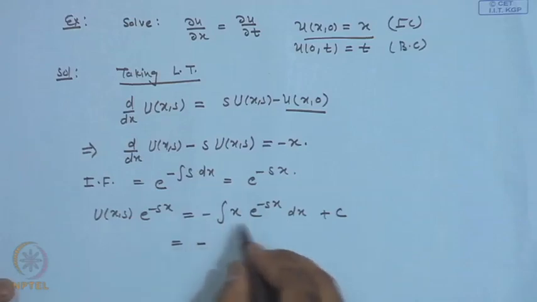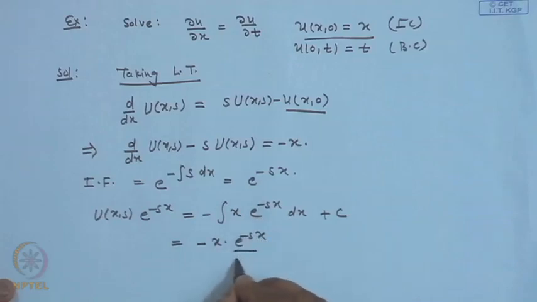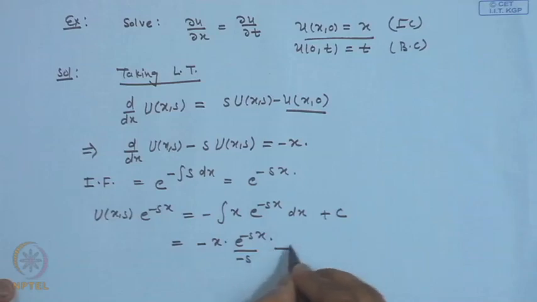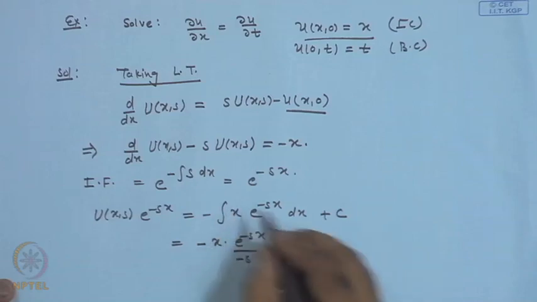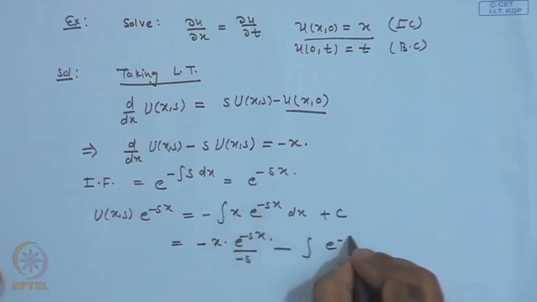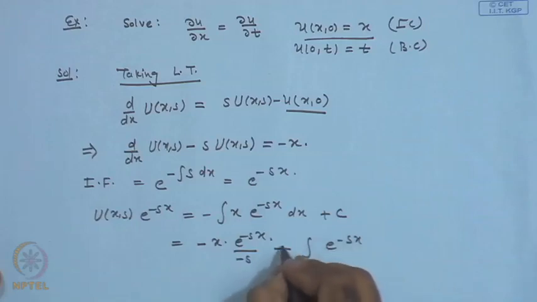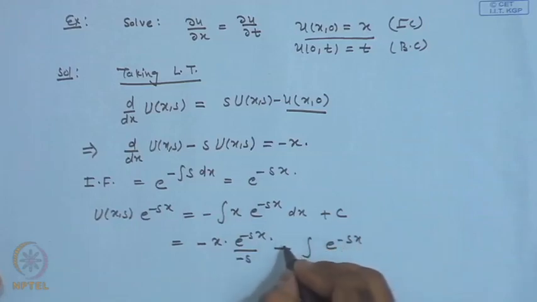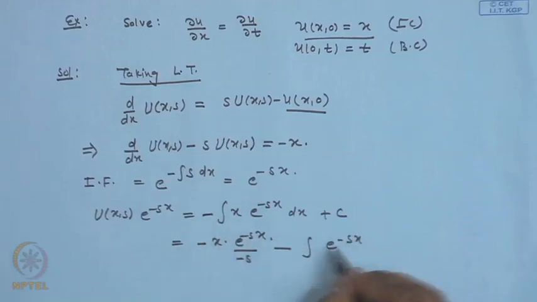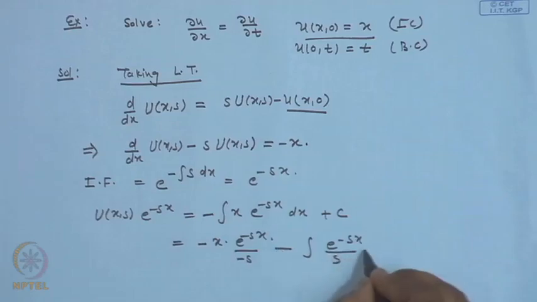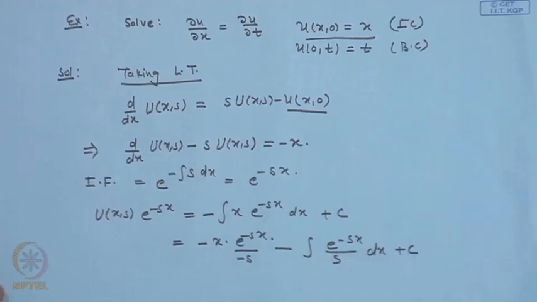So we have minus x times e^(-sx) over minus s, and minus the integral of the derivative of x, which is 1, times e^(-sx) over minus s. The minus signs combine to give a plus, with dx and a constant.